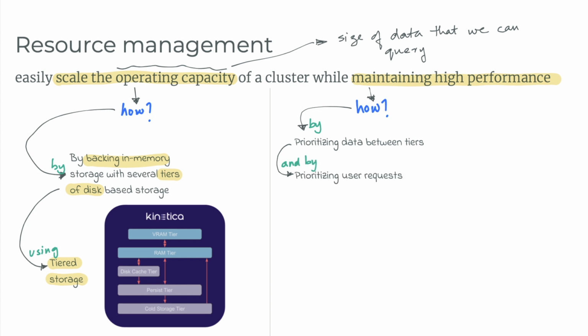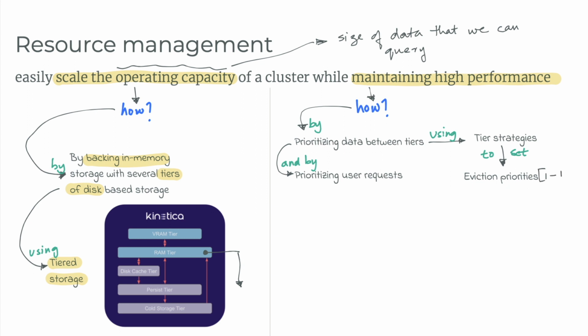The prioritization of data between the different tiers is done using tier strategies that set the eviction priorities for data objects. The eviction priority is simply the likelihood that an object will be evicted from a particular tier to a tier below it.